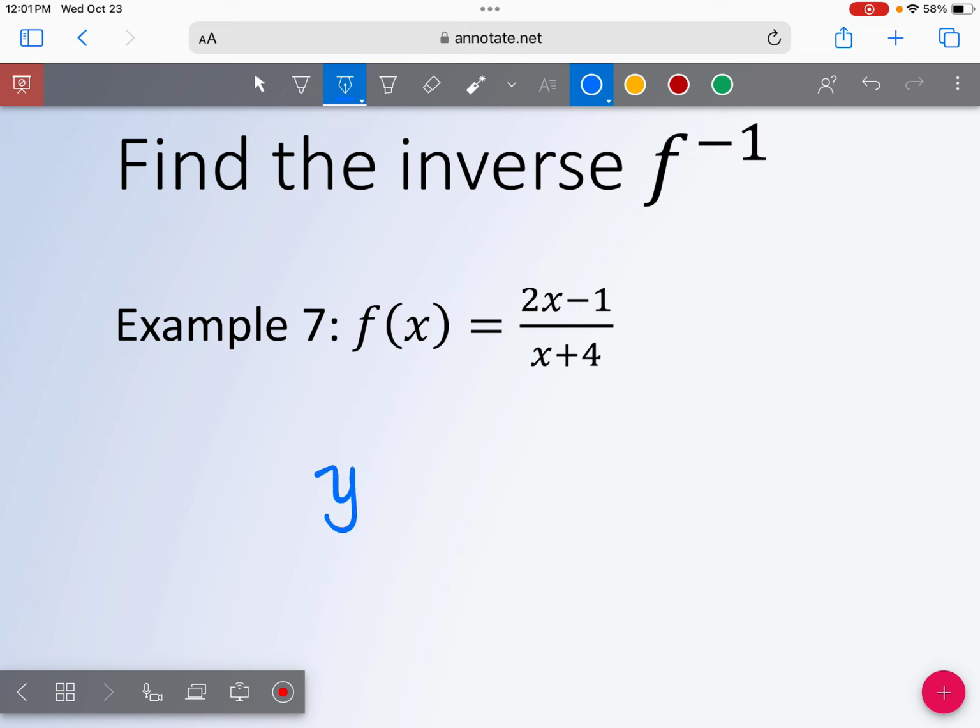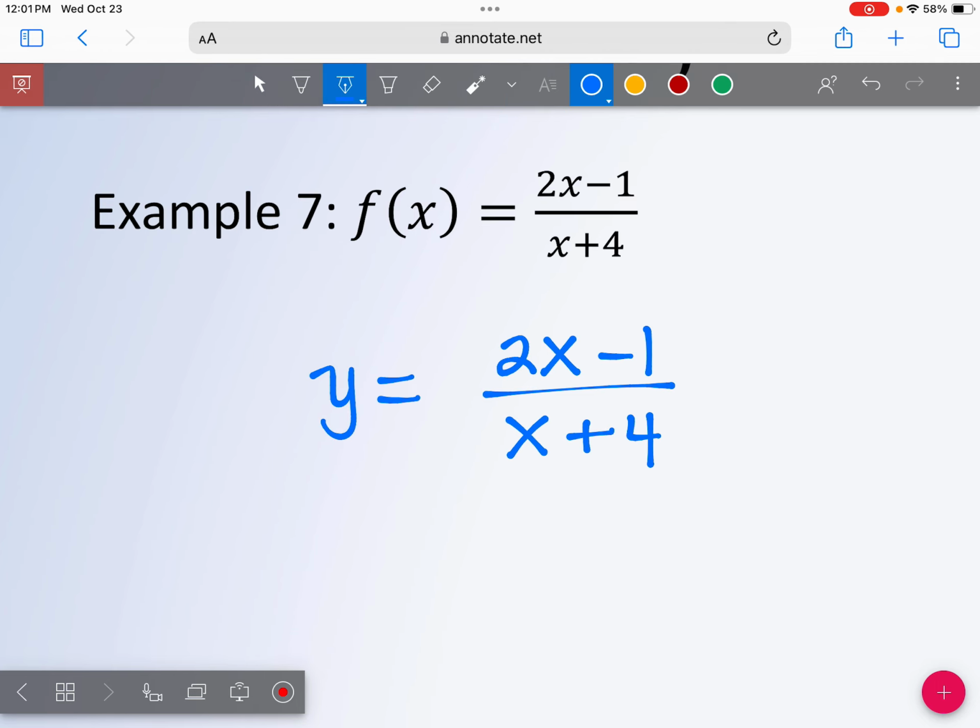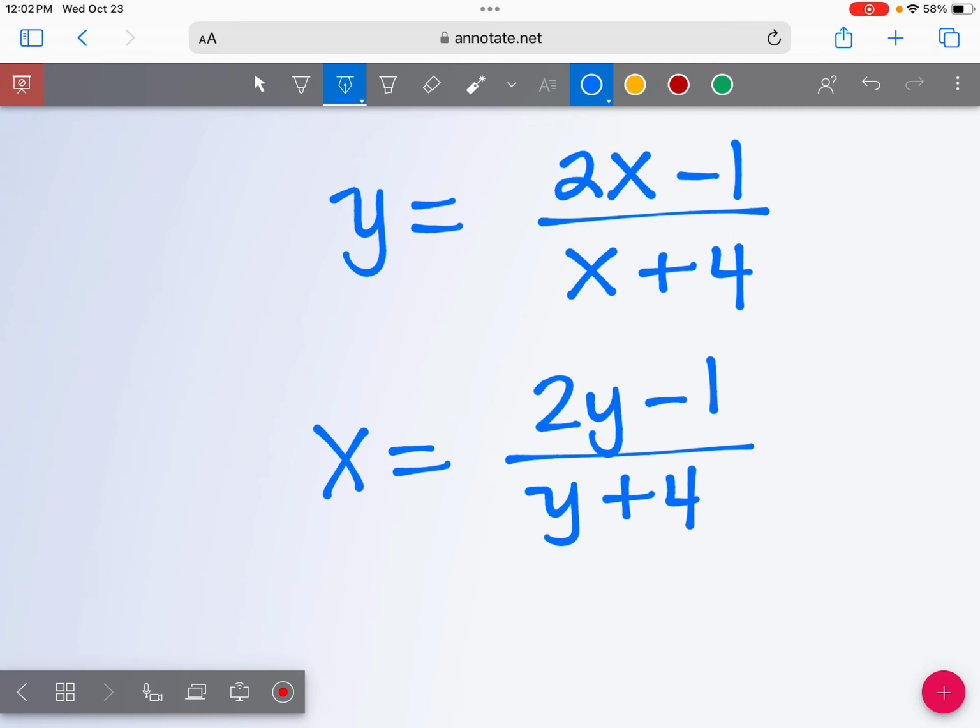So we have y equals 2x minus 1 over x plus 4. So I'm going to flip it as x equals 2y minus 1 over y plus 4. Let's go ahead and cross multiply it.